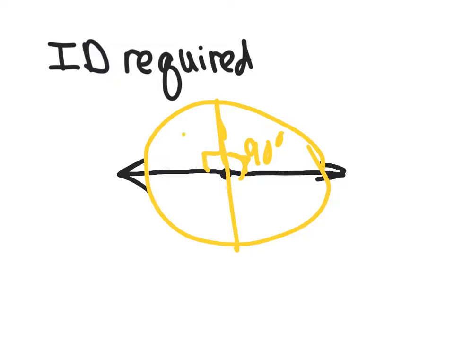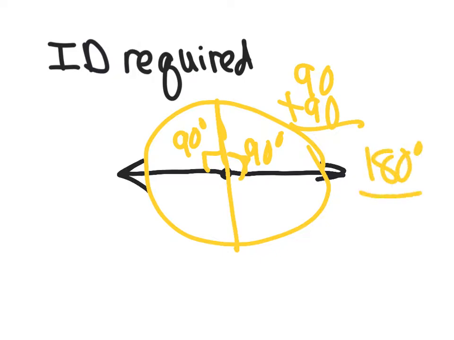Oh, look, there would be another 90 degrees right there, which means 90 plus 90 is 180 degrees. We call this one right here a straight angle. He's got an angle. He is straight.